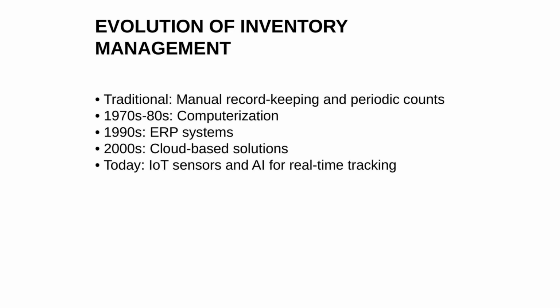In the 1990s, ERP systems connected inventory data with purchasing, production, finance, and sales. In the 2000s, cloud-based solutions made inventory information more accessible across locations. And today, IoT sensors and artificial intelligence are enabling real-time tracking, predictive analytics, and faster, more automated decision-making.